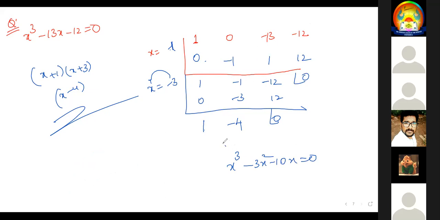Please factorize it. Please do it. Completed.